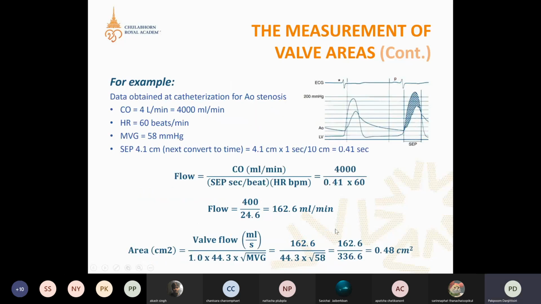Let's take a look at an example of the data you obtained at the cath lab for aortic stenosis. The cardiac output equals 4 liters per minute. We can change it into milliliters as 4,000. Heart rate is around 60 beats per minute. Mitral valve gradient is 58 millimeters of mercury, and where is the SEP?